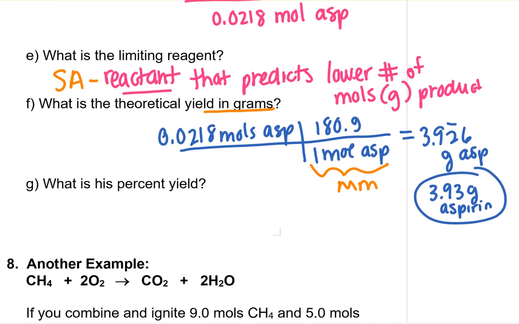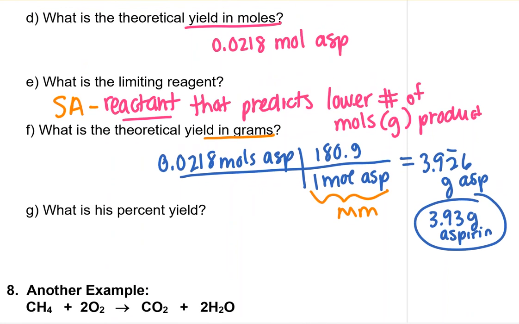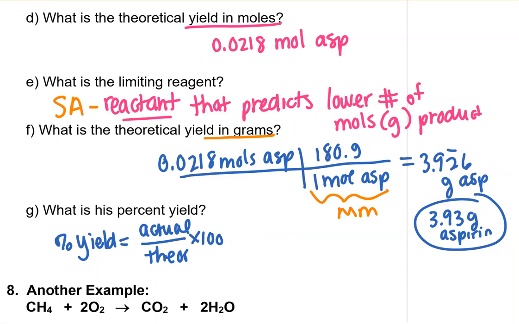Okay, and then what is the percent yield? Percent yield is always actual divided by theoretical times 100. The actual is what you weighed when you weighed your aspirin at the end of the experiment. For a test or quiz, this has to be a given number, and I showed it to you a little bit ago.